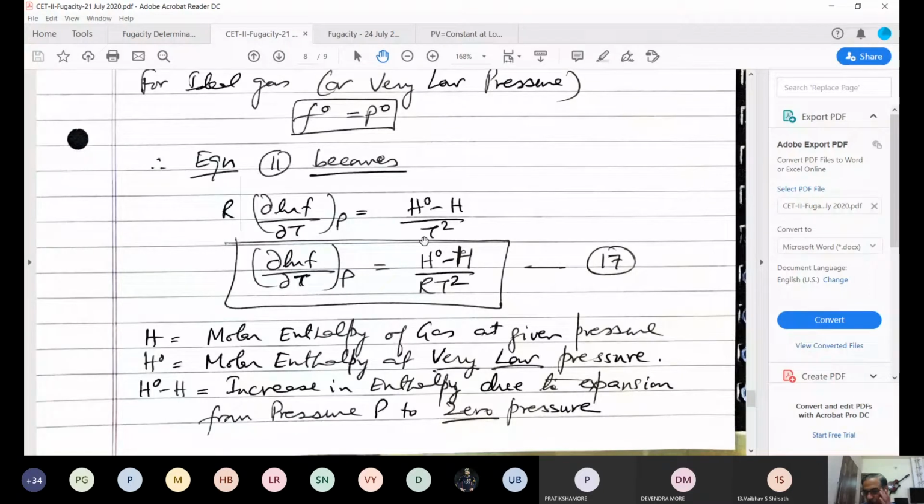When you go from state 1 to state 2, what is the change in enthalpy? Delta G कैसे निकाला? G2 minus G1, right? ये है delta H, H1 minus H2 या H2 minus H1, minus निकाल के H2 minus H1 कर सकते हैं. So change in enthalpy when you go from state 1 to state 2, from some pressure to zero pressure.